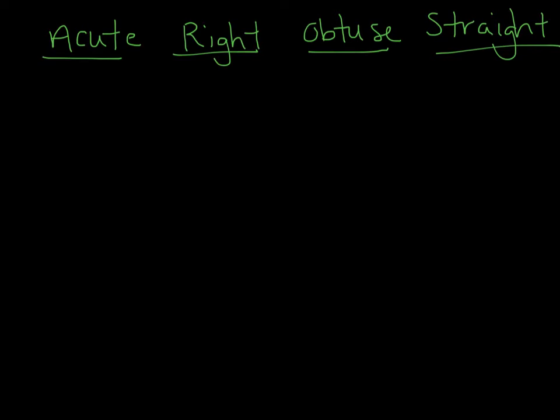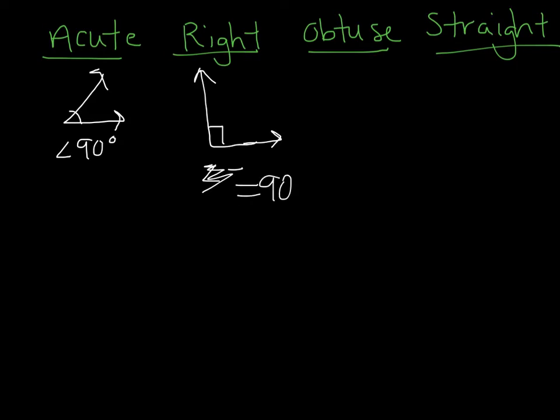So, in terms of classifying angles, again, this is just a review, so I'm going to go through this pretty quickly. An acute angle is an angle that is less than 90 degrees. A right angle is an angle that is equal to 90 degrees.